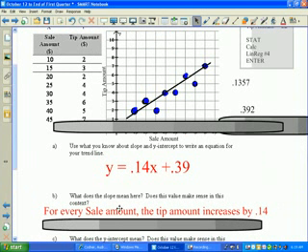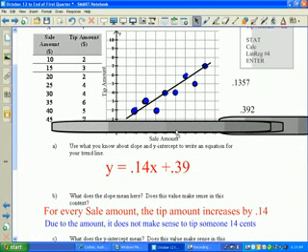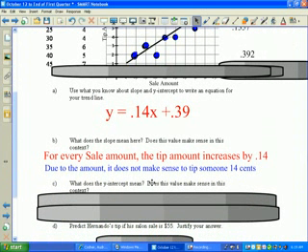The second question says, does this value make sense in this context? Does that mean that every time Hernando gets $1 for his sales amount, he always gets 14 cents per dollar for his tip amount? In this case, due to the amounts, it doesn't make sense.